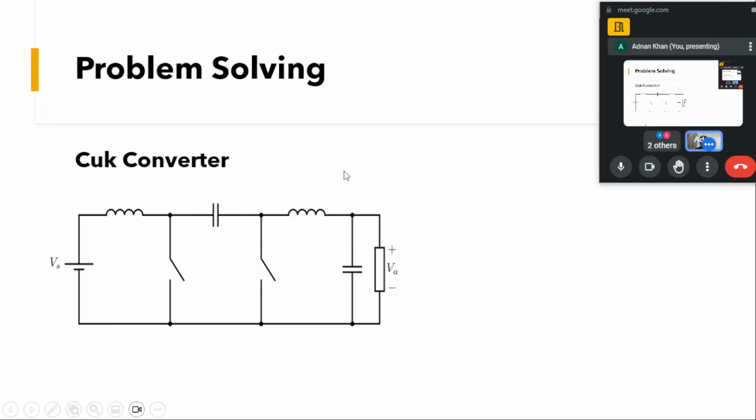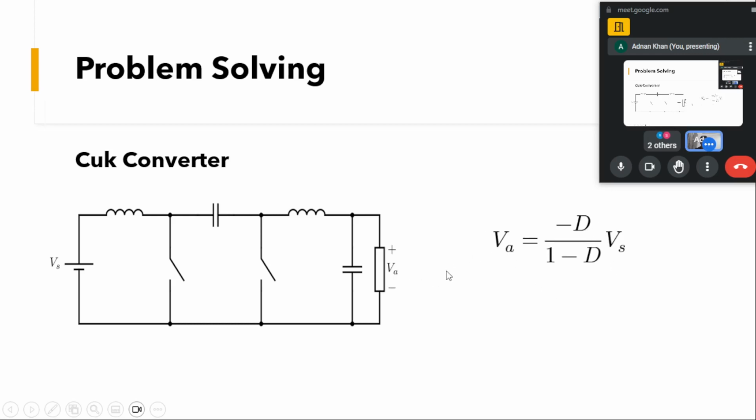If you recollect what has been taught during the course, for the buck converter, we know Vout by Vin is equal to D, or Vout is equal to D times Vin. Similarly, if you apply voltage balance and charge balance equations across these two capacitors and inductors, you will get the relation between the input and the output, that is Vout is equal to minus D by (1 minus D) times Vin.